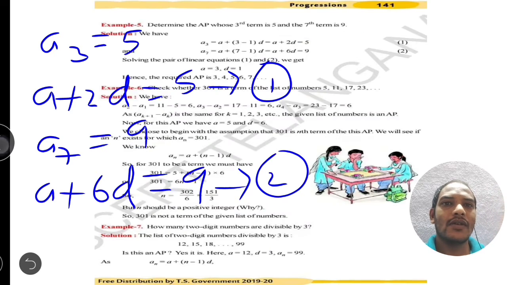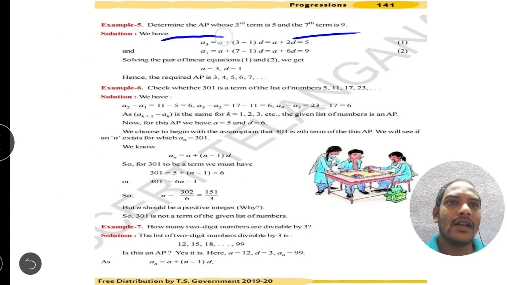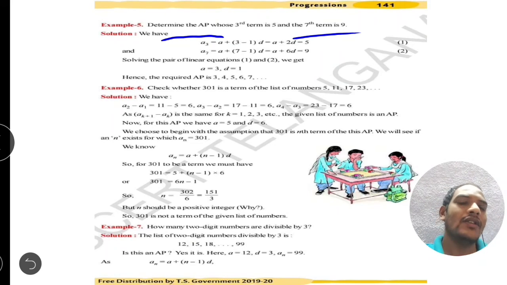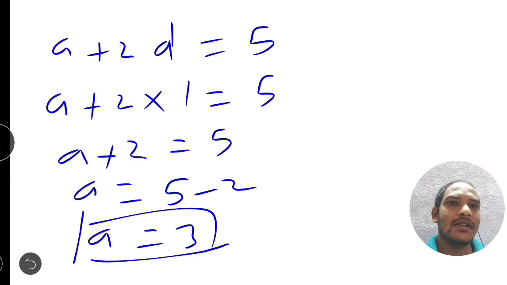So now what is the question? Determine the AP. Determine the AP means we have to write three or four terms in the AP. So what are the terms? Generally the terms are represented with a, a plus d, a plus 2d.